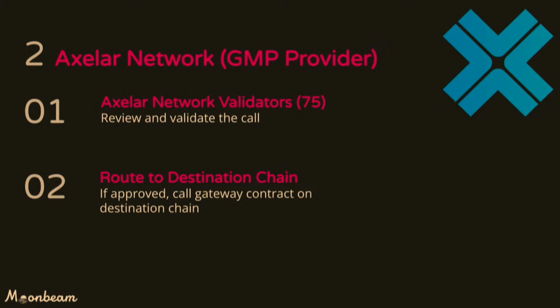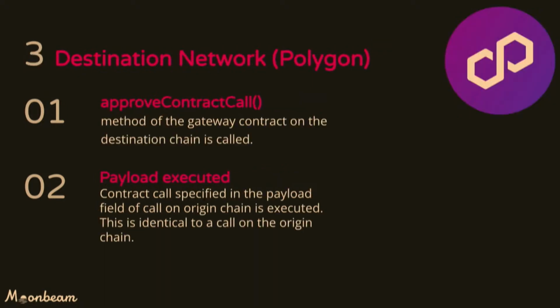And so as part of this check, it's going to make sure that you have enough. And if you forgot to, it'll give you an error, and you'll be able to add the funds that you need, and then the call can continue. If it's approved, if everything looks good, it'll go through the process, and then it will call the gateway contract on the destination chain. Once it goes to the destination chain, this is step 3.